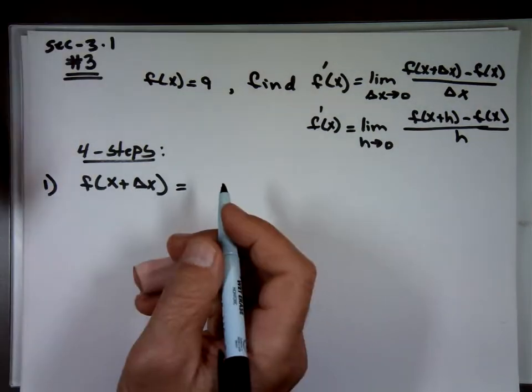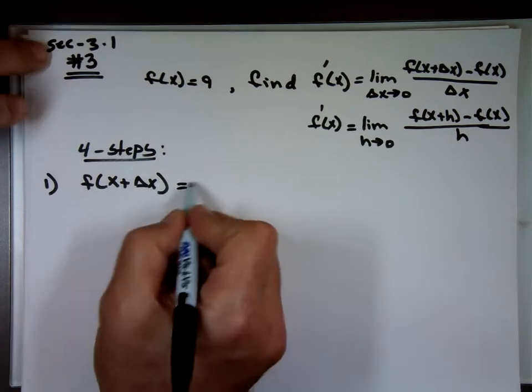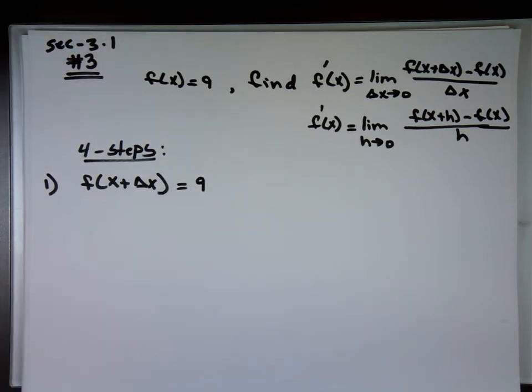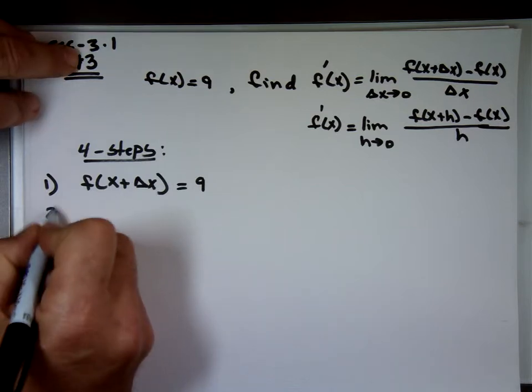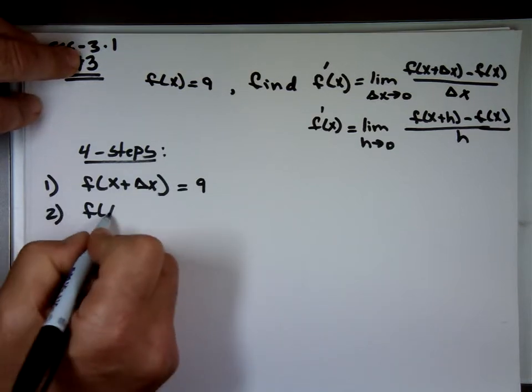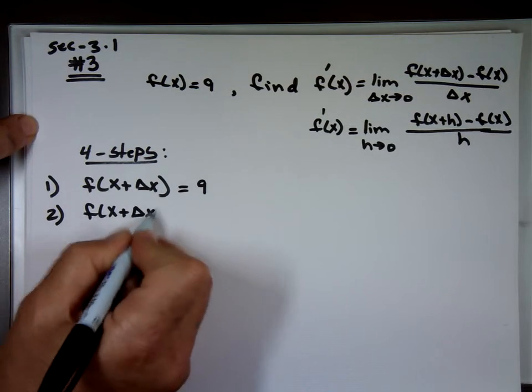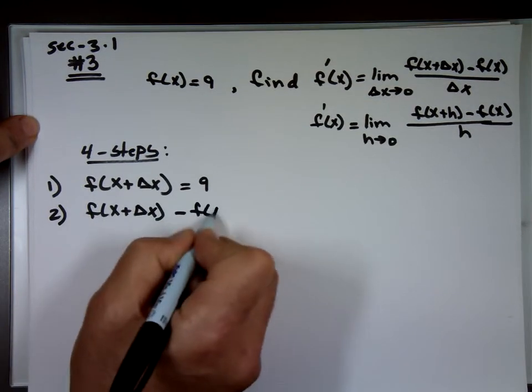Well, there is no x in it to replace with x plus delta x, so that stays 9. If there is no x, the numbers don't change. You don't replace anything. Step number 2, f of x plus delta x minus f of x.